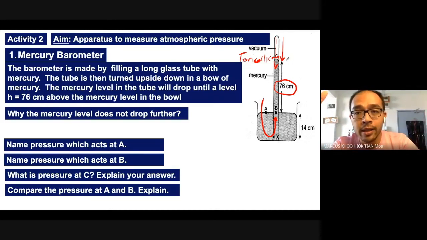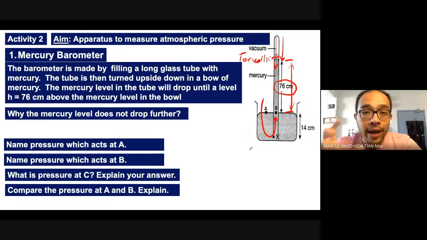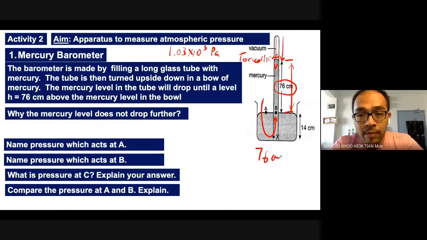Time and again, experiments have shown that the height is 76 centimeters, which is why the value of atmospheric pressure, as I said just now, is 1.03 times 10 to the power of 5 pascals, or Newton per meter squared. Another value of atmospheric pressure is 76 centimeter mercury or 760 millimeter mercury.